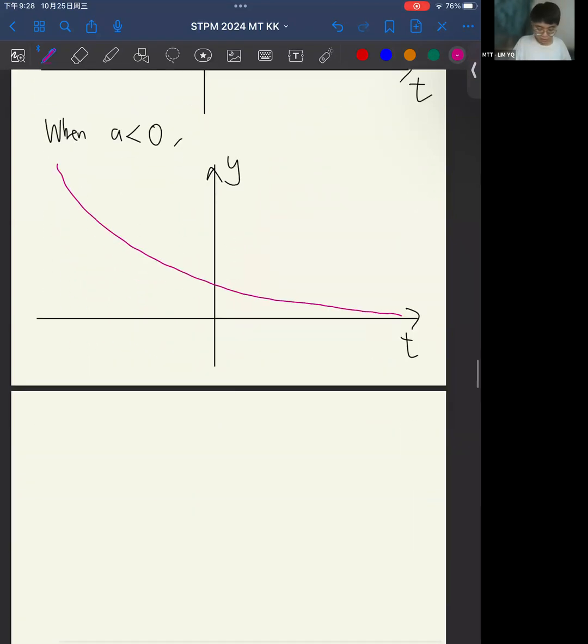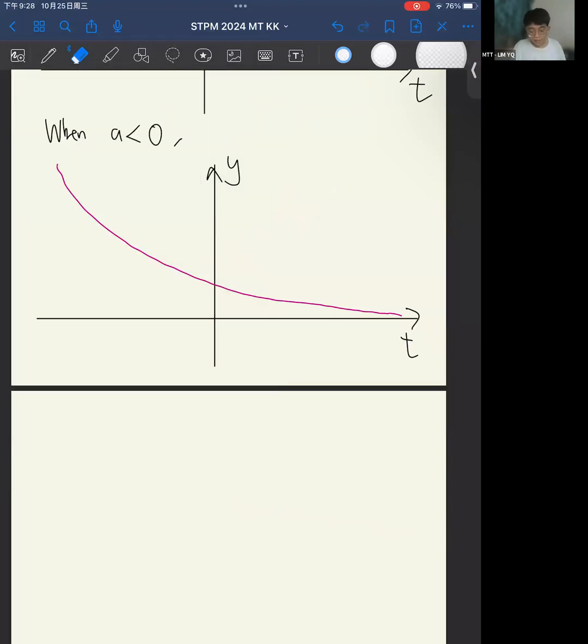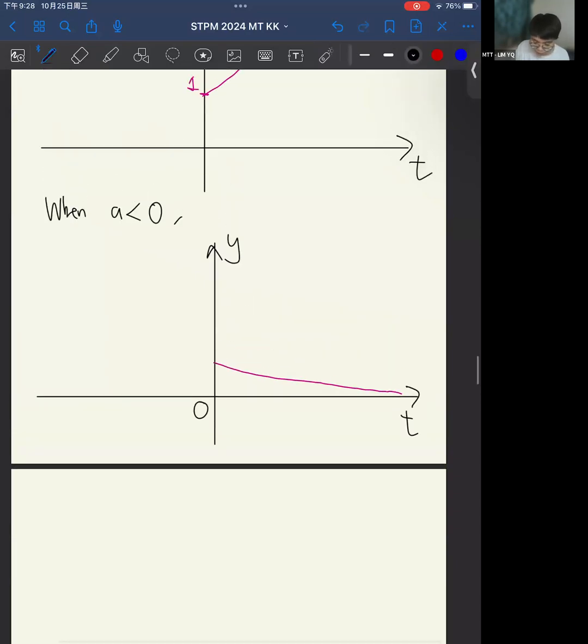Can you see that? But also the same thing, we only discuss t greater than 0, so we can cancel the part where t is less than 0. Here we don't want it, so we only want this part. Now this is the function y equals e^(AT).